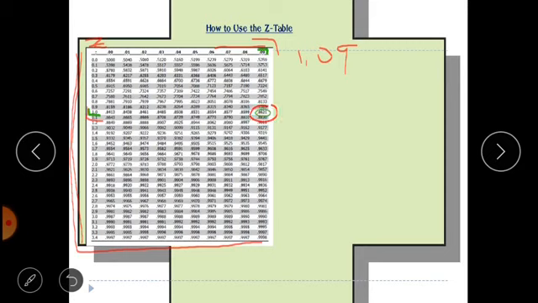Na kapag i-translate natin in percentage, itong decimal point na 8621 magiging 86.21%. Okay? Yan, 86.21% of the standard normal distribution being below or to the left of the z-score.